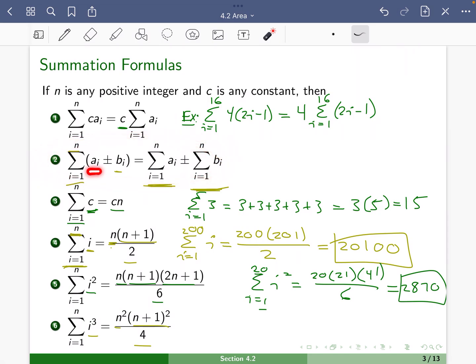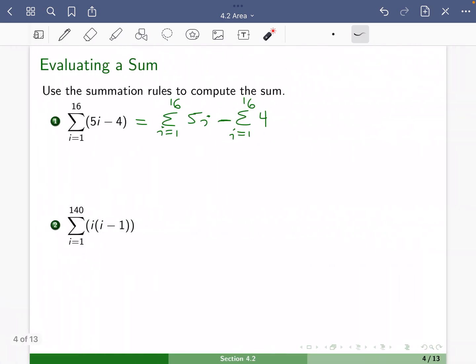We split up between those two terms because it was a subtraction. Now, if it was multiplication or division, we couldn't do that. But because it's subtraction, we can do that. Then, on that first one, we can bring that 5 out in front.